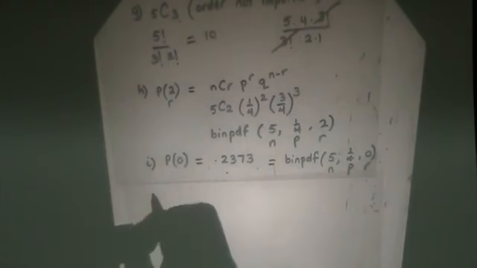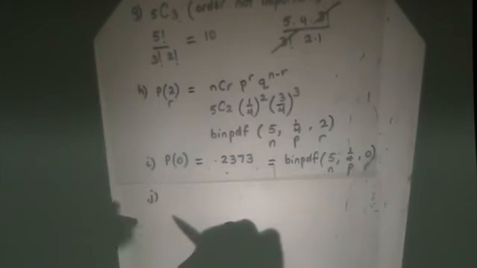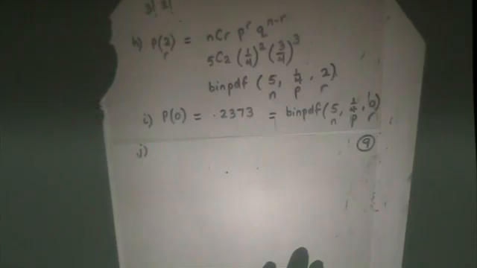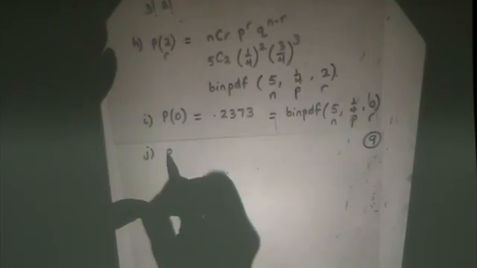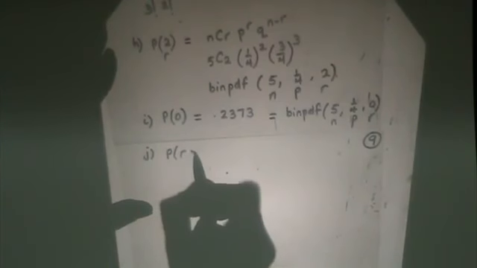Part J. Part J says, what is the probability that more than 2 contract the disease? Probability r greater than 2, more than 2.